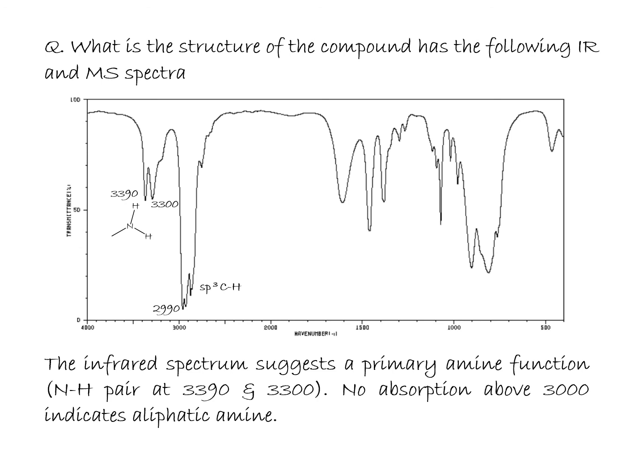What is the structure of the compound that has the following IR and mass spec? Again, we see peaks below 3000 at 2990, indicating that you have an aliphatic part.